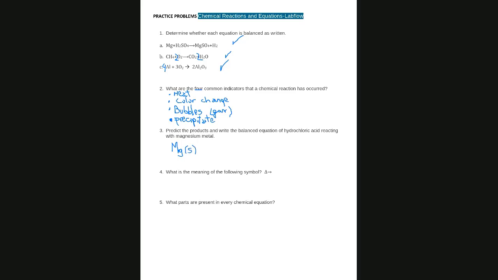Magnesium metal reacts with hydrochloric acid. Reacts with, it's a plus. Hydrochloric acid, I write an aq. It's a solution and I use water. And then what do I need to write here? What comes next? It gives magnesium chloride.